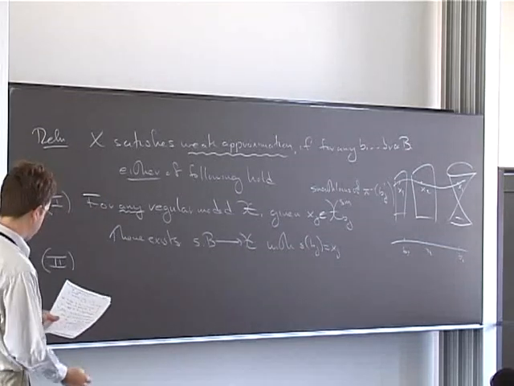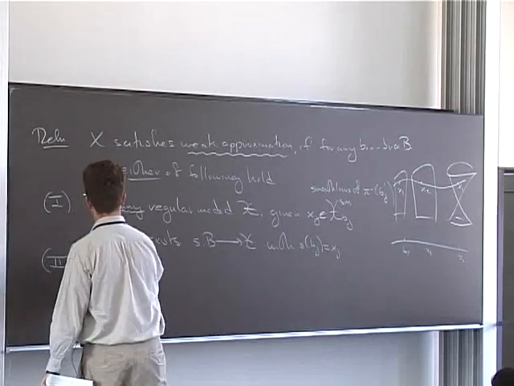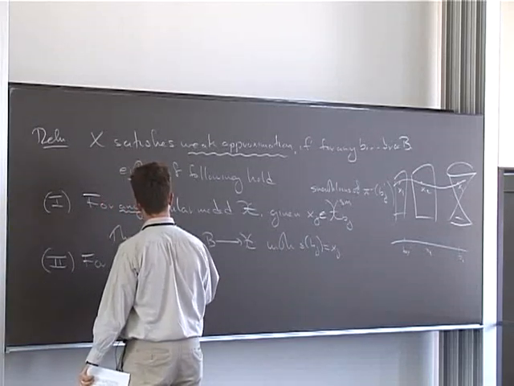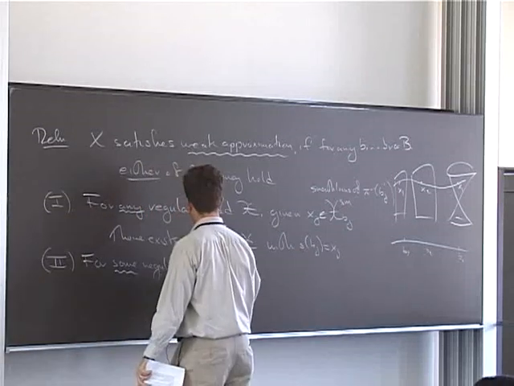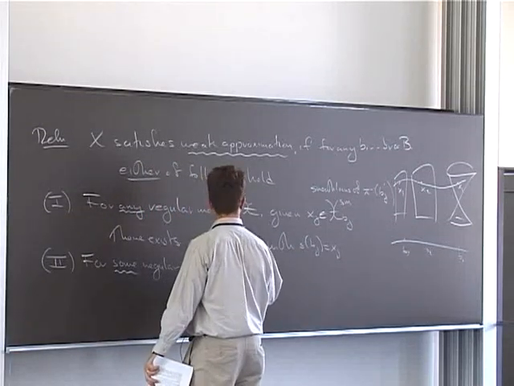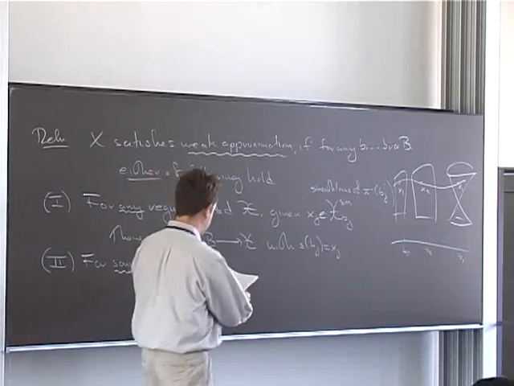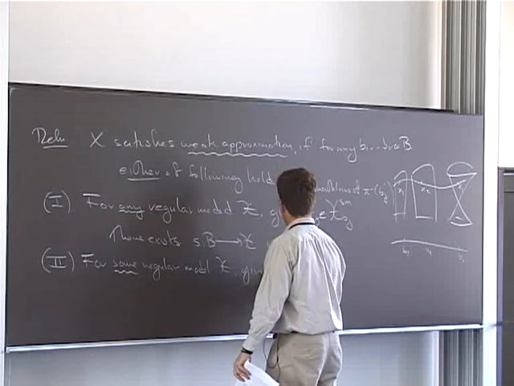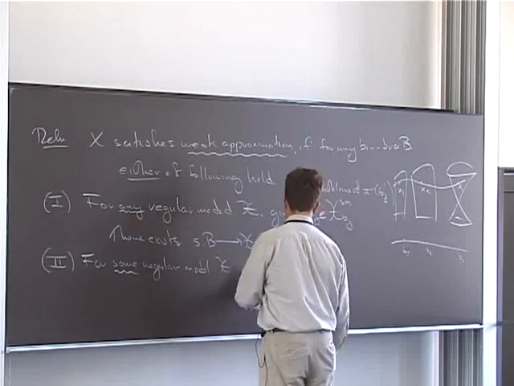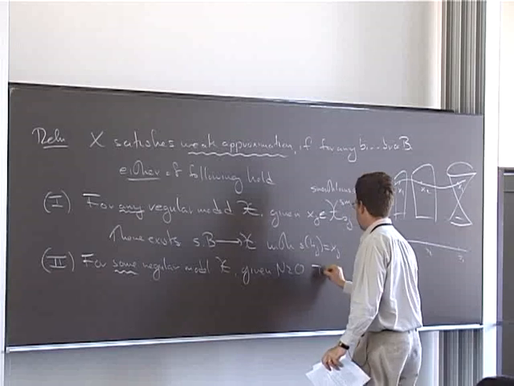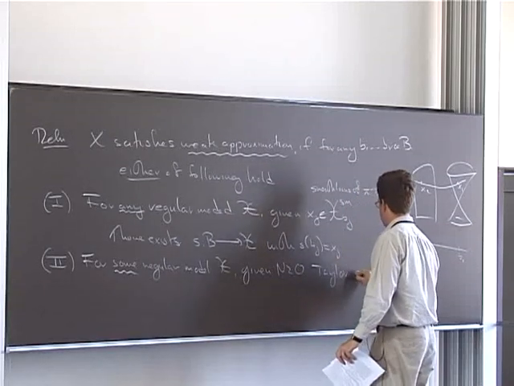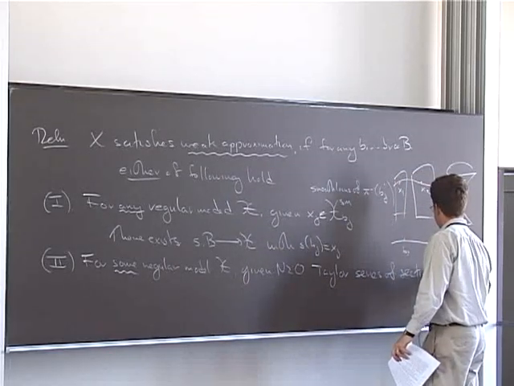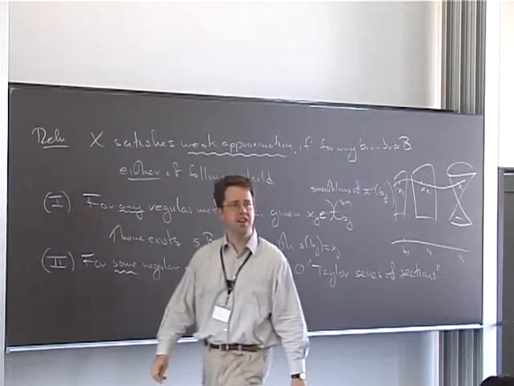Here's an alternate approach. So for some regular model, given a positive integer n and Taylor series of sections, I guess I should translate this into Hartshorne, right?